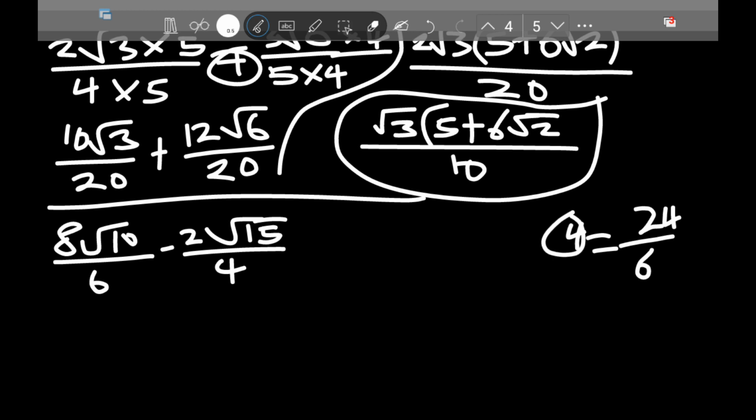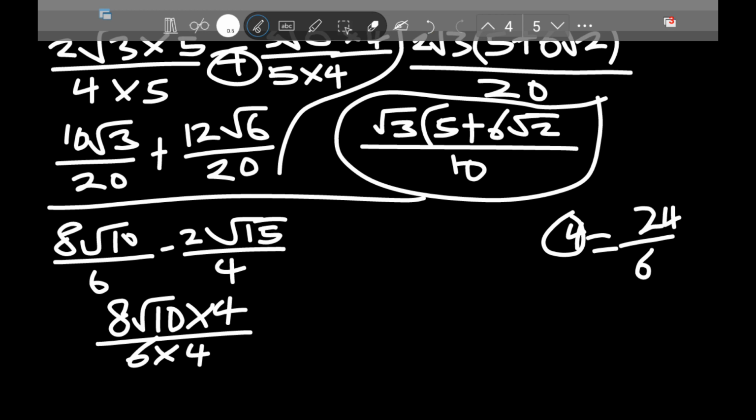Now this 4, multiply it by the first fraction. So what you should get is 8 root 10 times the 4 here times 4 over 6, that's 6 times 4. The 6 times 4, we know it should be 24.